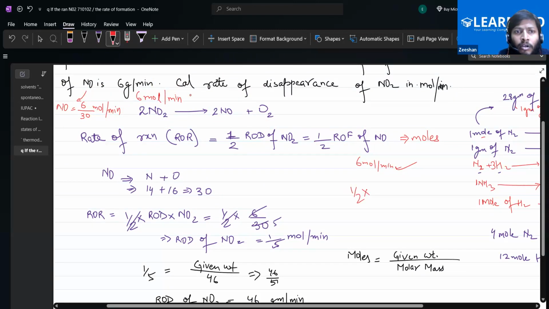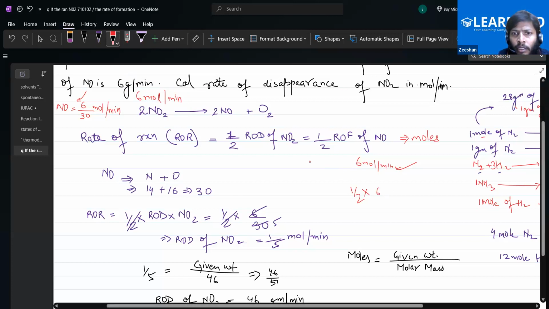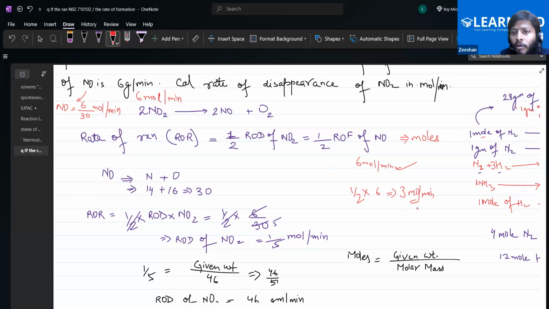What should you write, 6 gram per minute or 6 mole per minute? 6 mole per minute. So the answer will be 6. Rate of this will be the final answer. That is it. And the correct way is in mole per minute only, because we are talking about rate of reaction. So this will be your answer. So half into 6 by 30 is rate of disappearance.